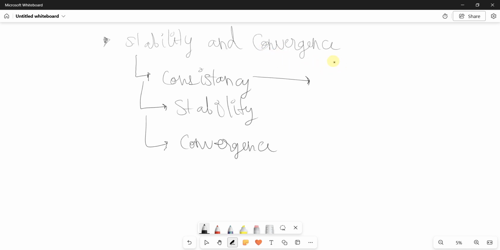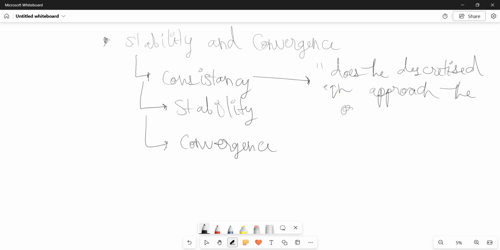So consistency means just ask yourself this question: does the discretized equation approach the original partial differential equation as the mesh gets finer?